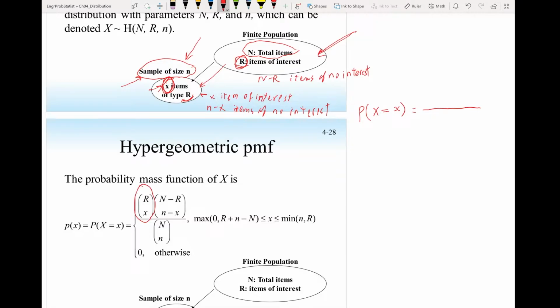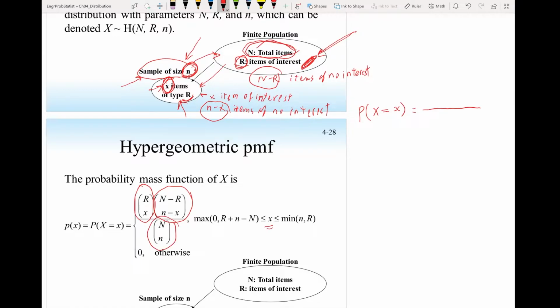And how many ways can I get n minus x items, the remaining items in this sample of no interest, out of N minus R items present in the population? That will give you this combination, divided by the total possible ways I can arrange a sample of size n coming from a population of size capital N. And this is this item here.